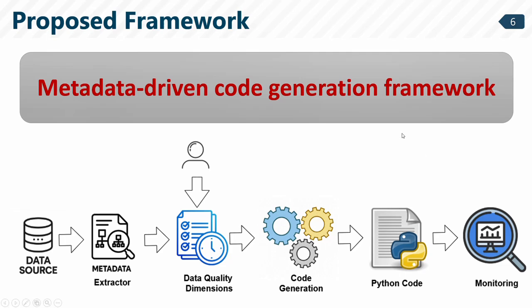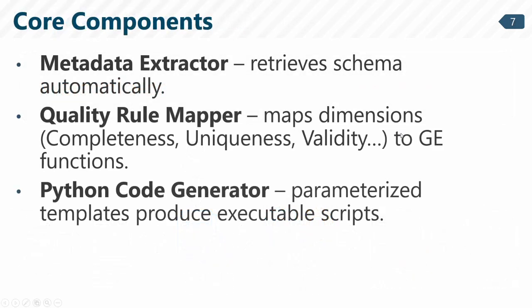Our framework has three main parts: the meta extractor, the quality rule mapper, and Python code generation. First, for the meta extractor, we don't scan data. We read the schema from the catalog or warehouse: tables, column types, constraints, and keys, foreign and index.